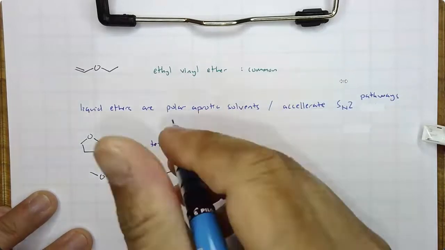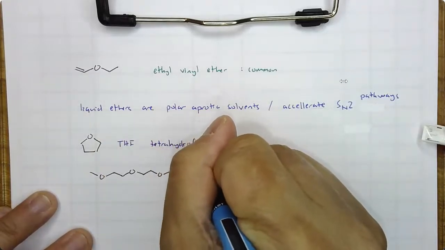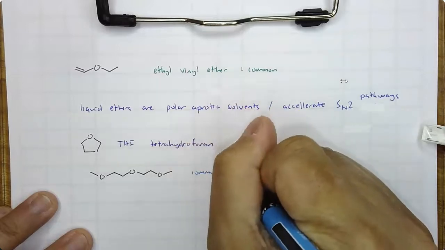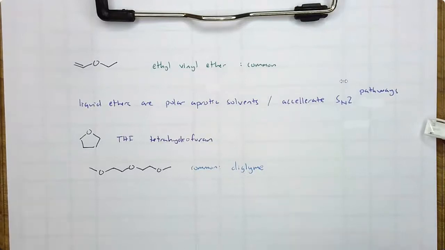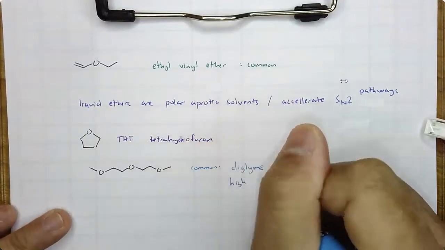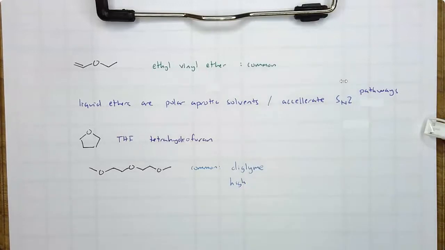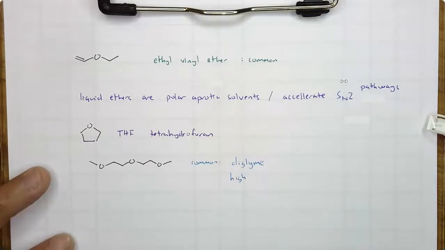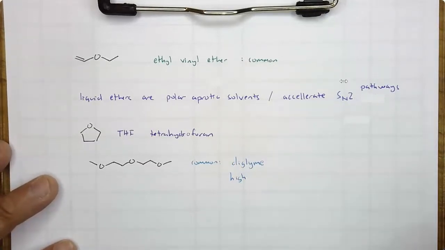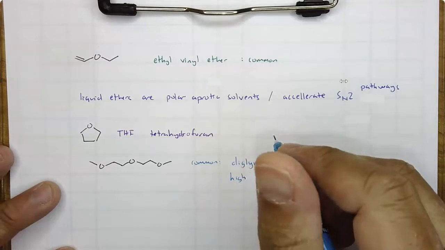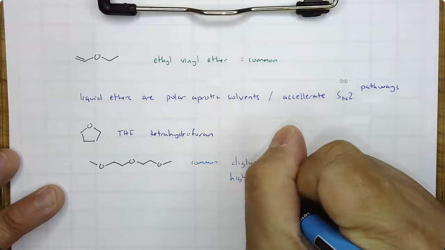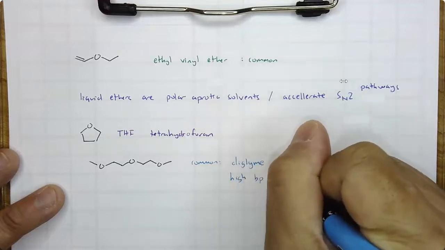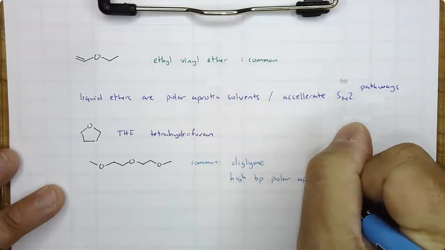The common name is called diglyme. And it has a high boiling point. If you have to push the reaction by heating it very, very high, it's not useful to use water because it has a boiling point of 100. Diglyme has a boiling point, I think, over 200, so it doesn't evaporate. A high boiling point, again, polar aprotic solvent.